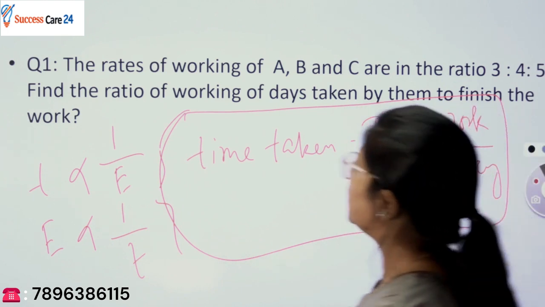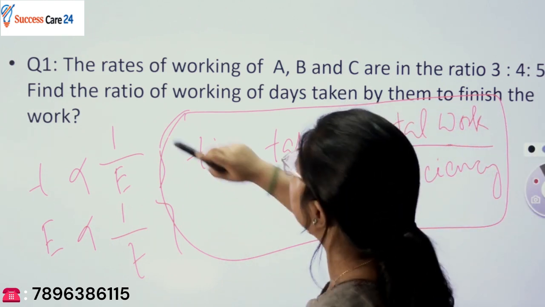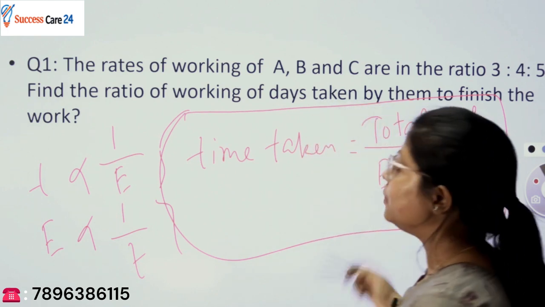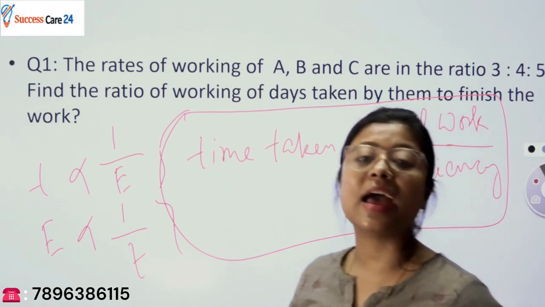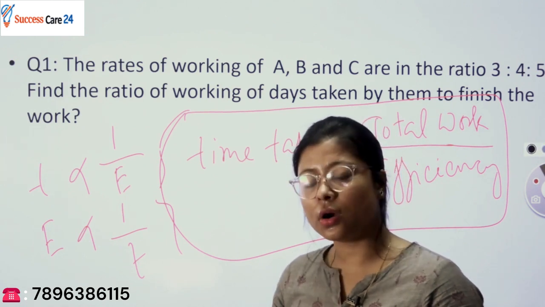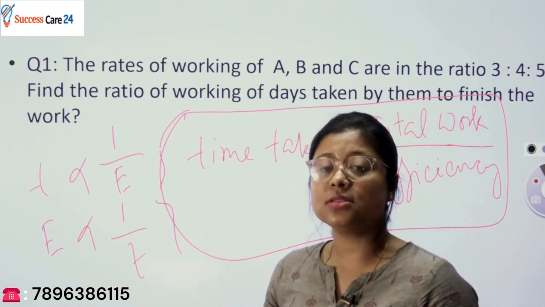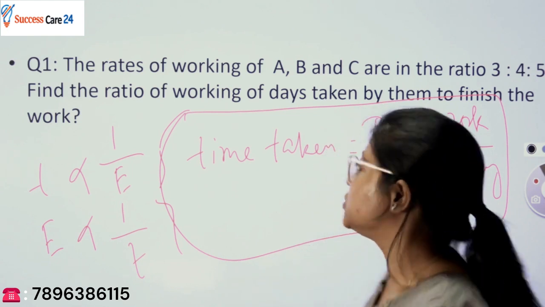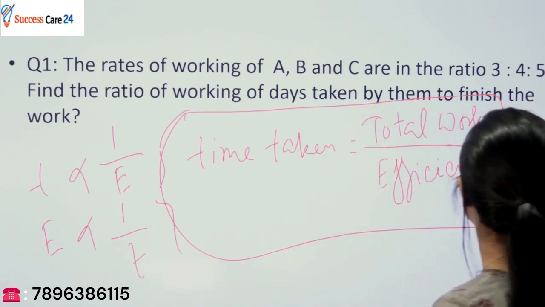So here, given the rates of working of A, B, and C, what is the rate of working? It is nothing but efficiency, isn't it? I've already taught you that efficiency means 1 day work, or we can term it as rate of work. So the rates of work are given as 3:4:5.